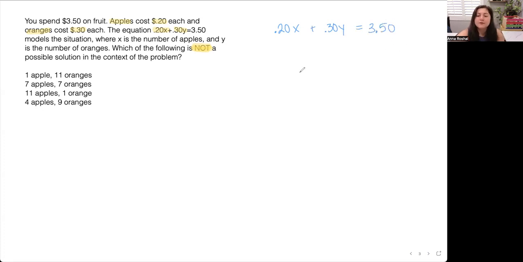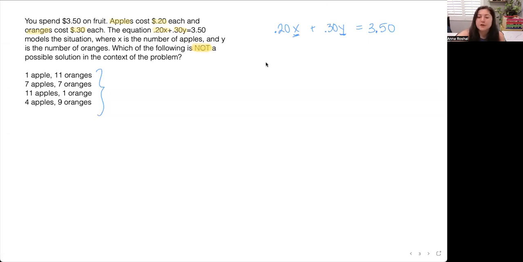I also know that I would replace the X and the Y with the number of apples and the number of oranges, which all of my answer choices give me those possible numbers for. So I'm going to physically replace this X and this Y and see if the two sides of the equation equal each other, okay?